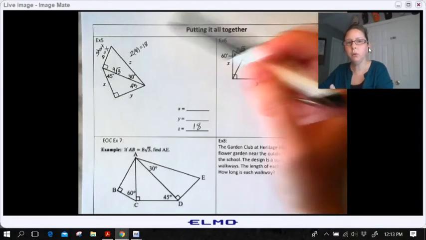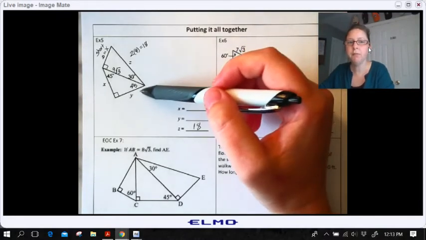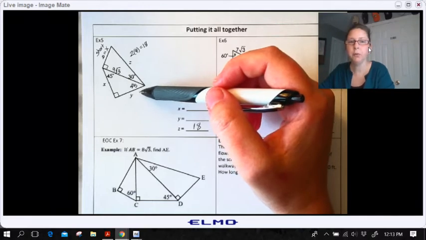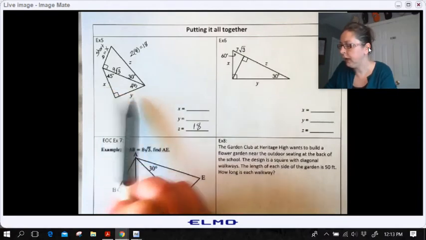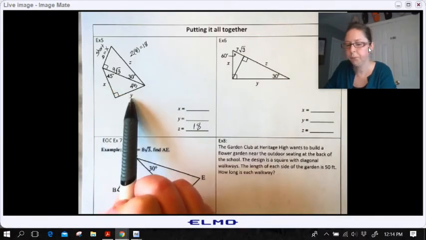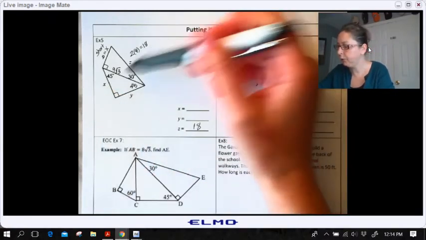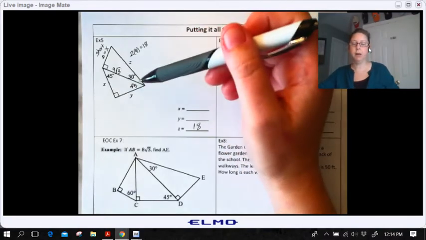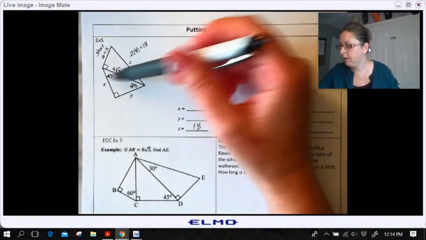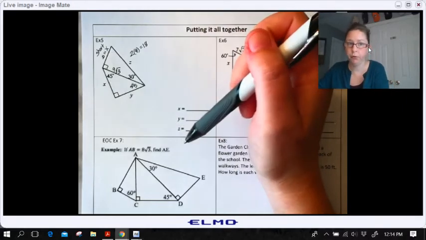So now I'm moving into my 45, 45, 90 triangle. So I need to remember the relationships here. Okay. These two legs are the same measure, and this hypotenuse would be these measures times the square root of 2.